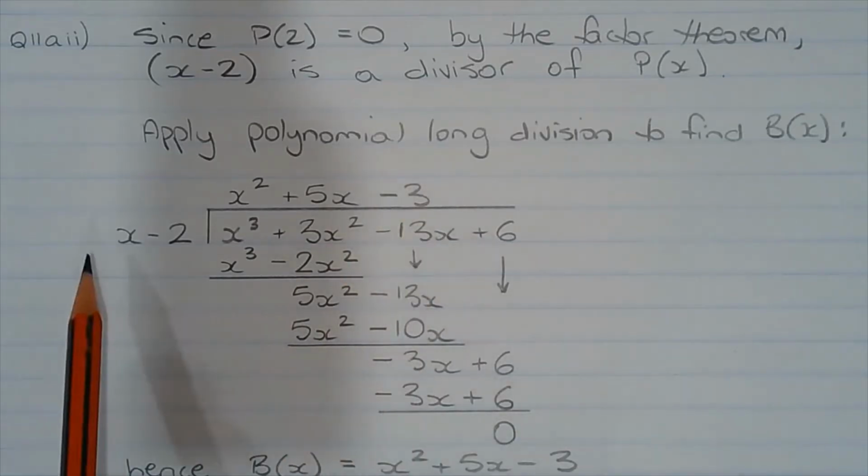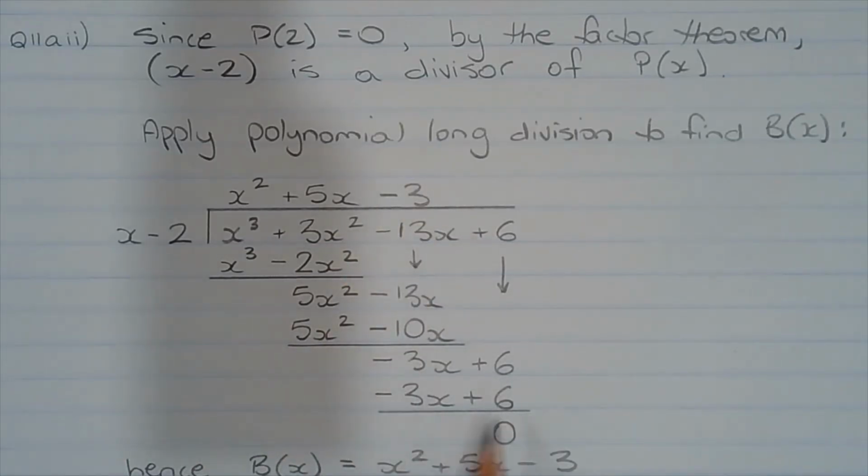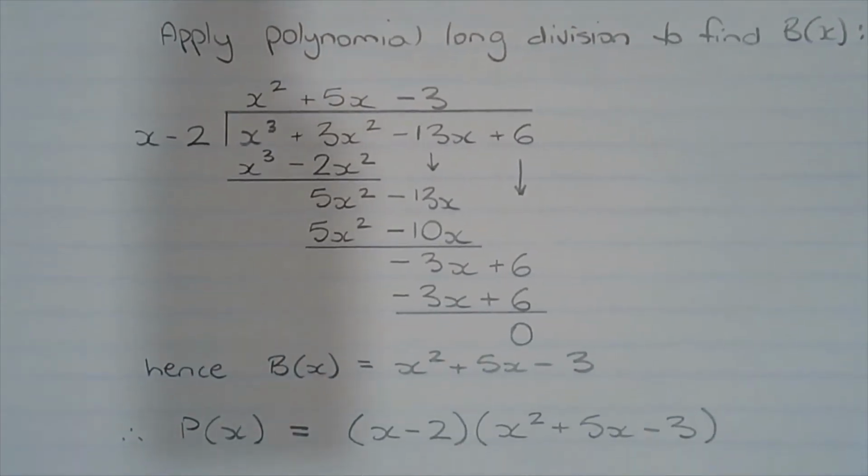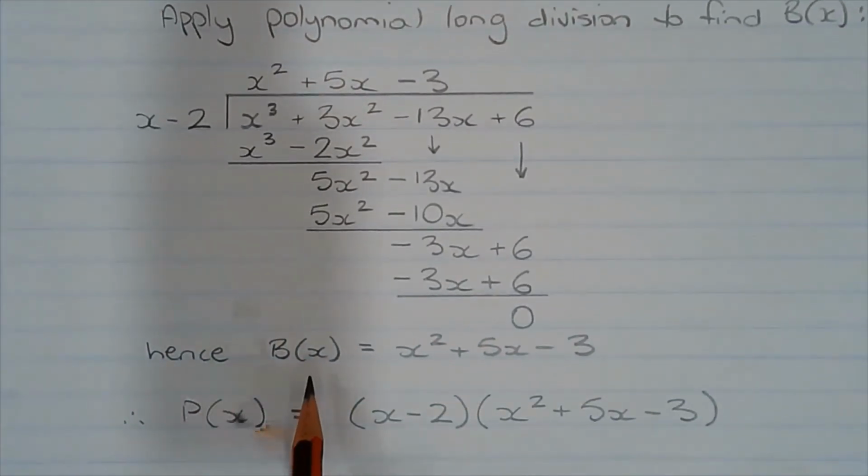Negative 3 multiplied by x minus 2 is negative 3x plus 6. And negative 3x plus 6 minus negative 3x plus 6 is equal to 0. So there's no remainder. Hence, b of x is equal to x squared plus 5x minus 3. And therefore, p of x can be written as p of x equals x minus 2 in brackets multiplied by x squared plus 5x minus 3.